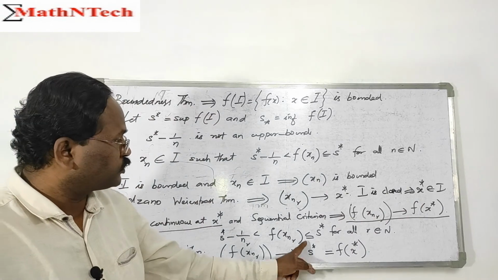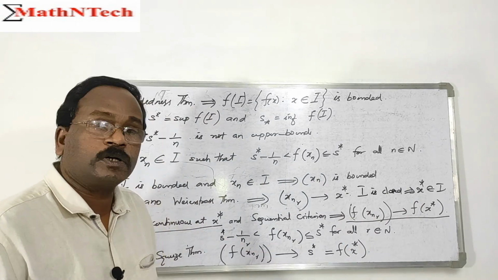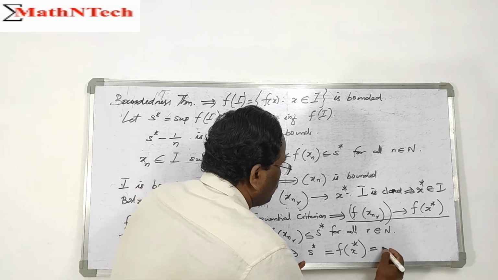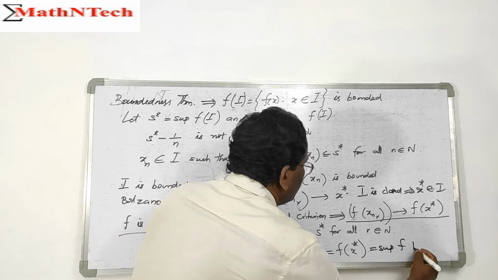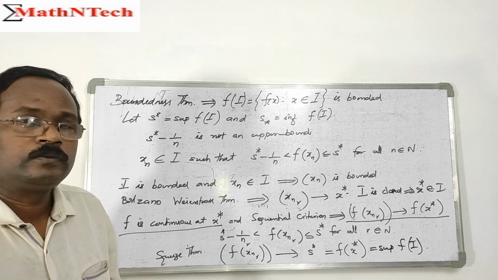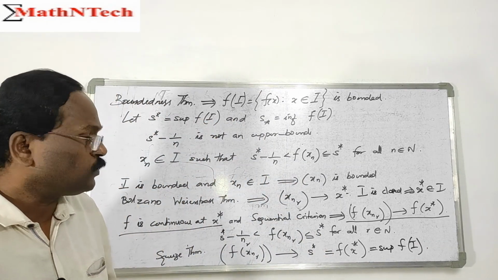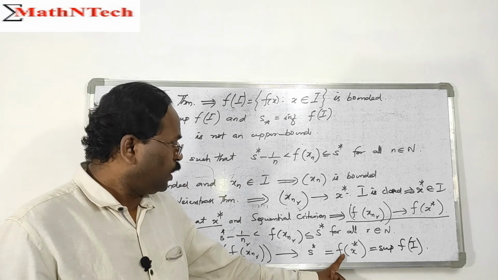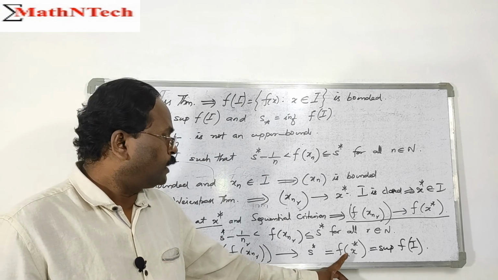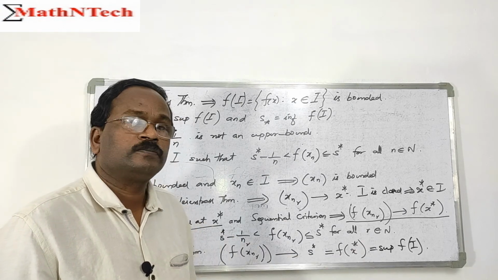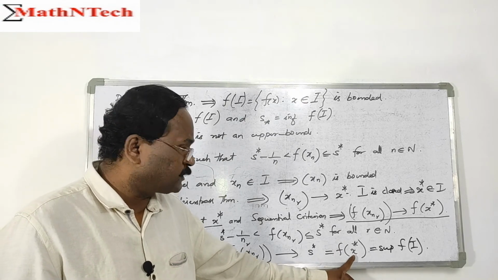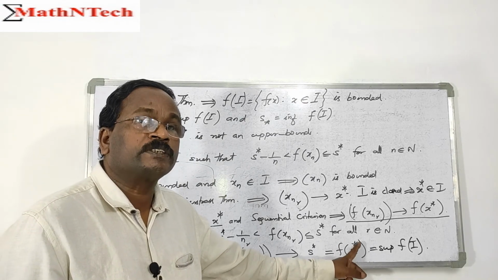So we get s star equal to f of x star. And what is s star? Supremum of the set f of I. Hence we conclude that f has an absolute maximum at the point x star.